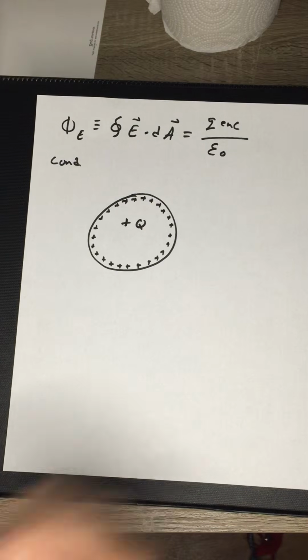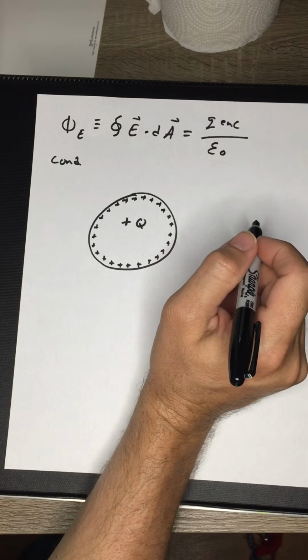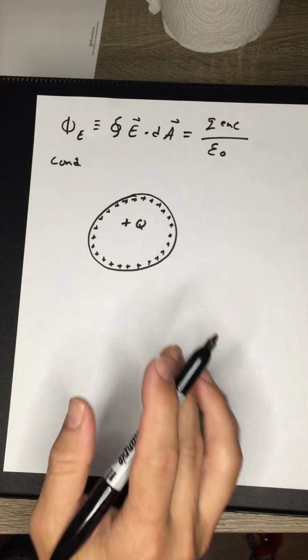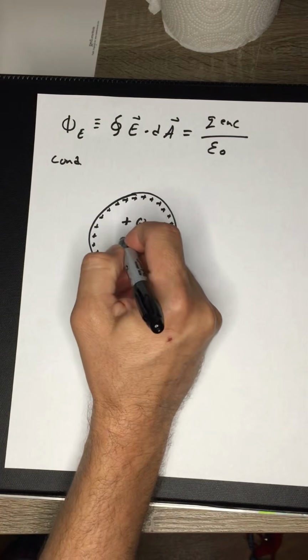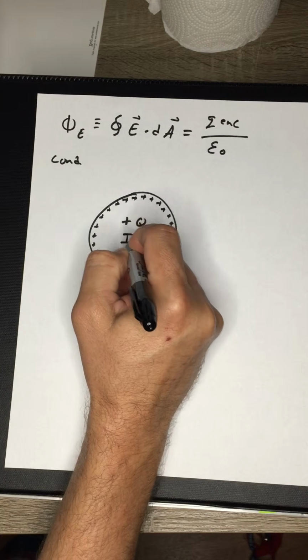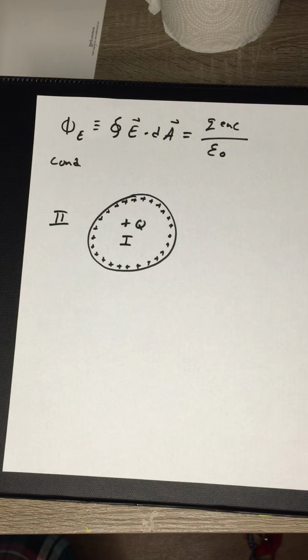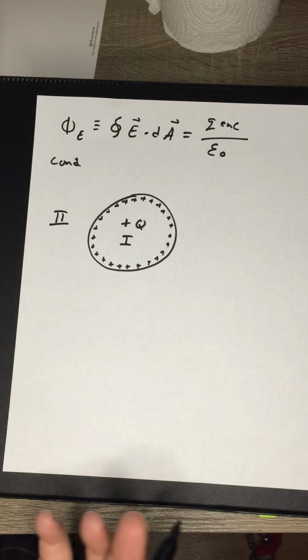All right, so what I'm going to ask now is for the electric field inside the sphere and outside the sphere. And in point of fact, we actually already know both of these answers.